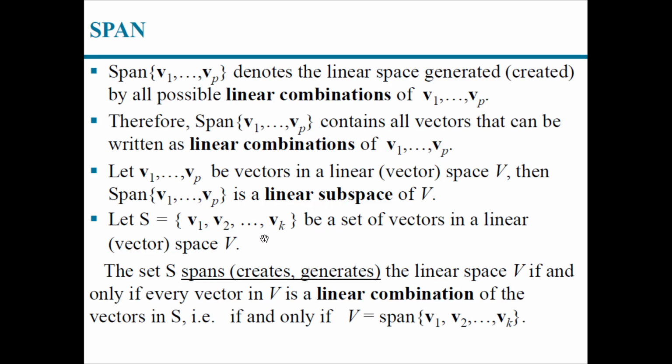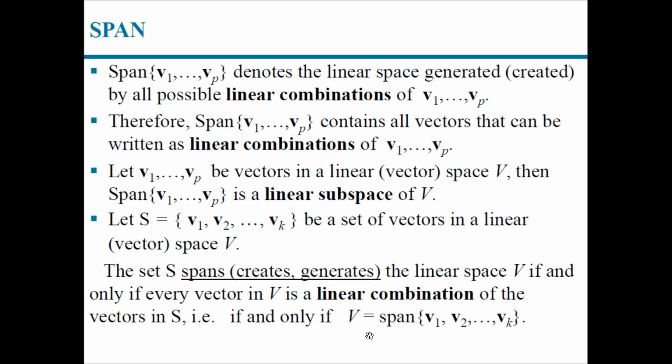Now if I have a set of vectors S, and I take them from a linear space V somewhere, I will say that that set generates, creates, or spans the entire linear space if and only if every vector in V, in the big space, is a linear combination of vectors in S. In other words, V is equal to the span of those vectors.